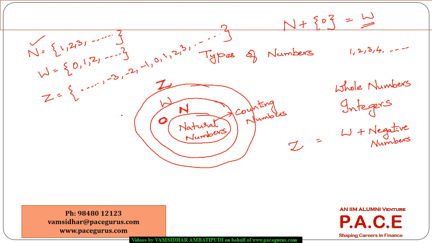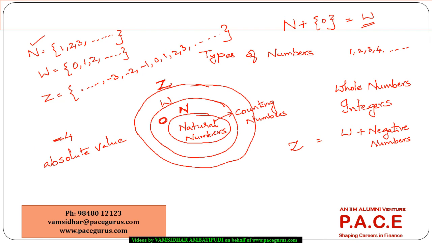Then sometimes the negative number, let's say I am talking about minus 4. If I use the word absolute value of any number, it is nothing but I remove the sign.